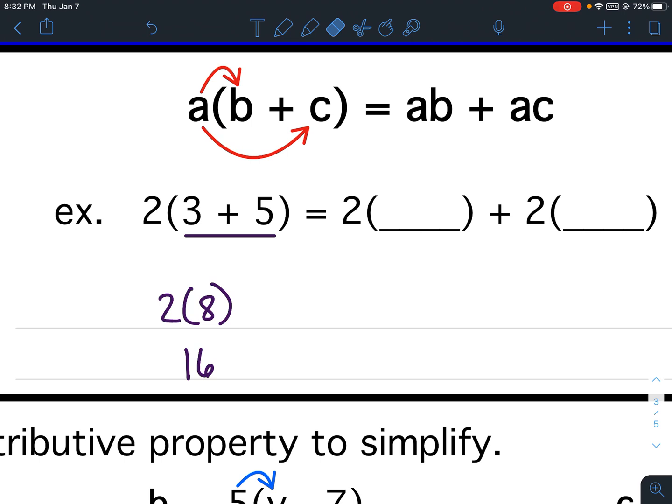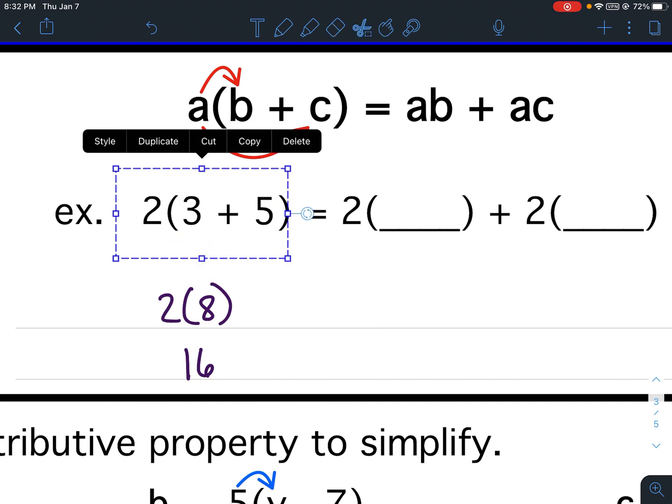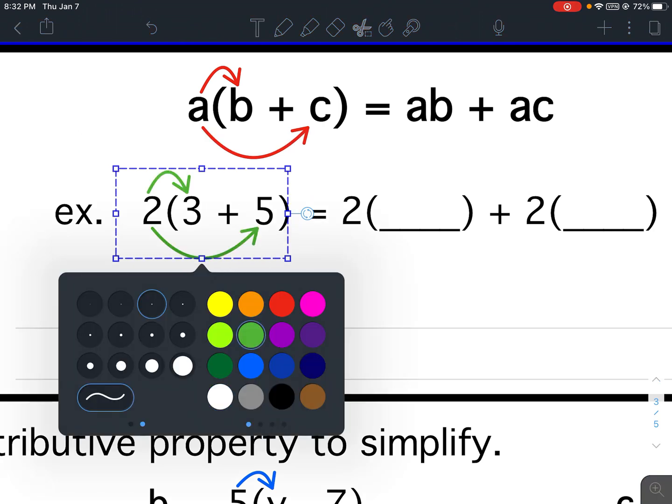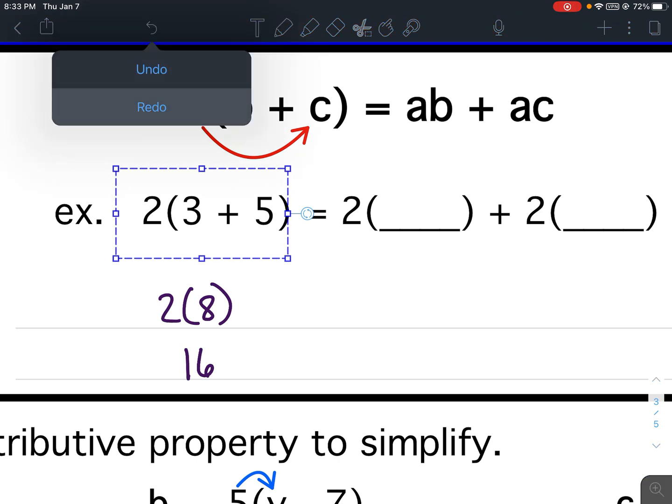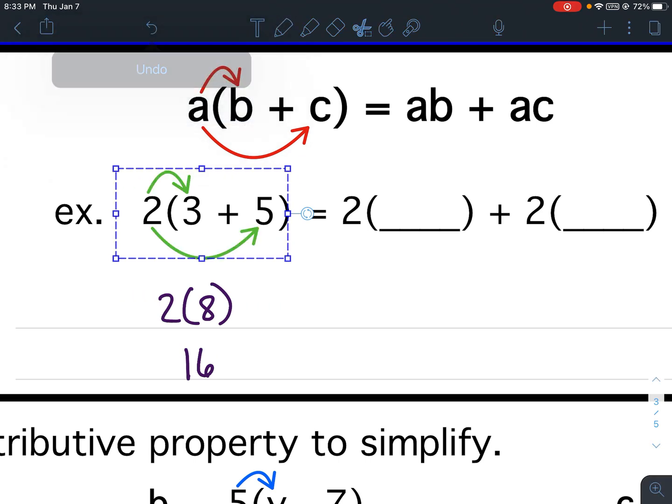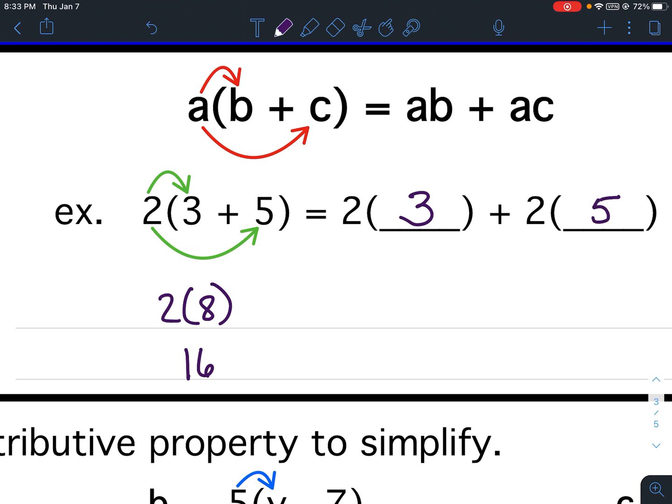However, if we were doing the distributive property, we would take that 2 and multiply it times each of the inside numbers. So I would take 2 times 3 and 2 times 5.